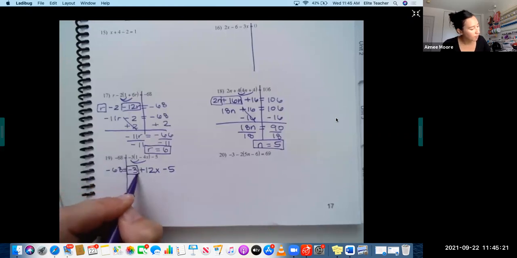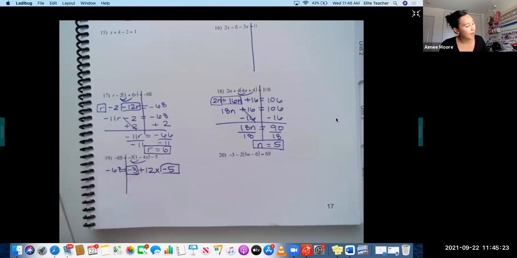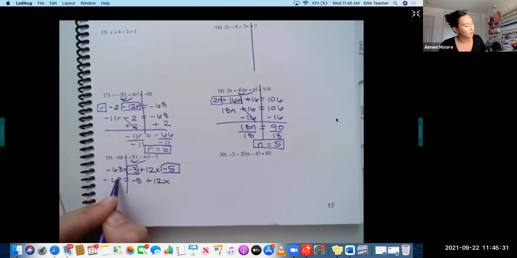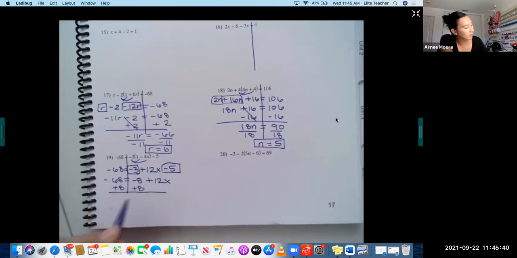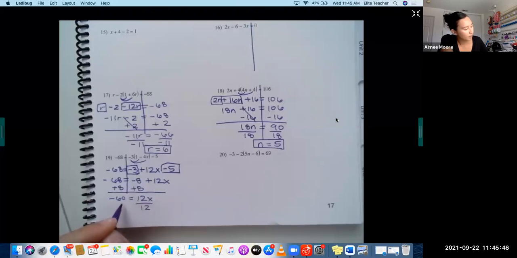So -3 and -5, which is -8. We bring down our positive 12x and we bring down our -68. Bring everything else down and then solve. So we'll add 8 to both sides. -60 equals 12x. Divide both sides by 12 and x equals -5.